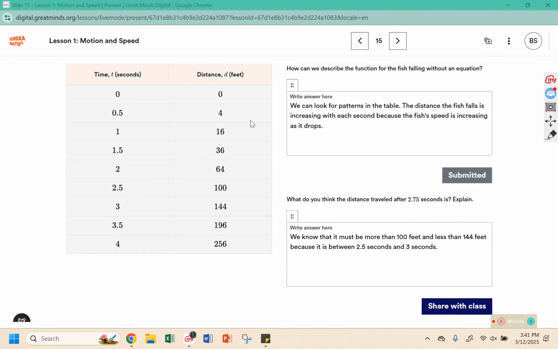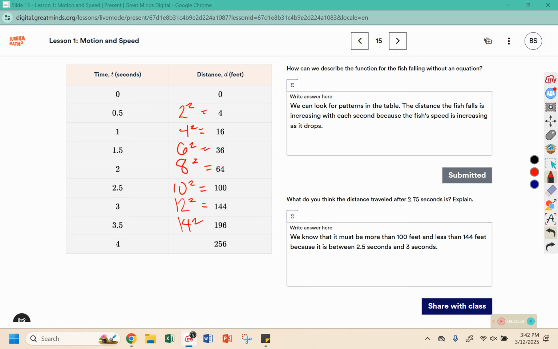You may also notice that 4, 16, 36, 64, 100, 144, these are all squares. 2 squared is 4. 4 squared is 16. 6 squared is 36. 8 squared is 64. 10 squared is 100. 12 squared is 144. 14 squared is 196.